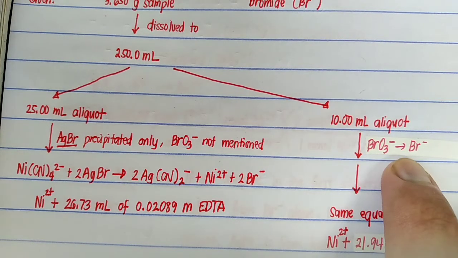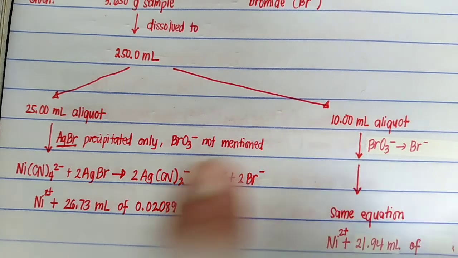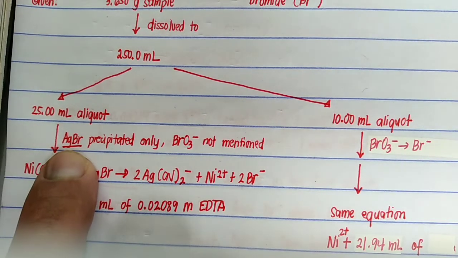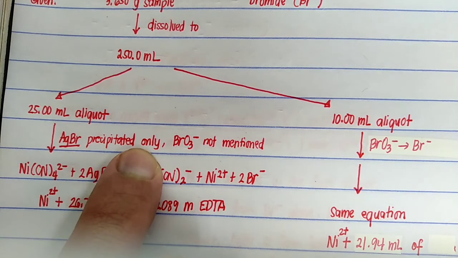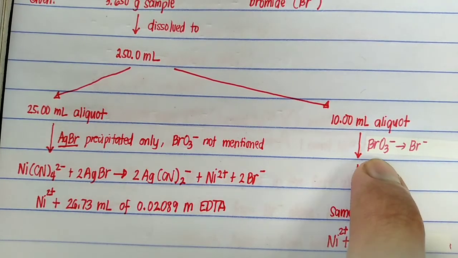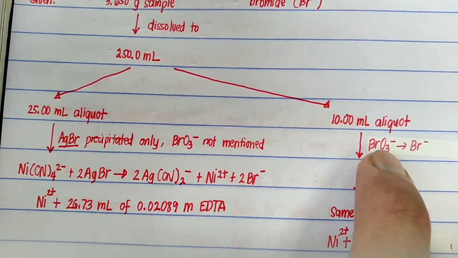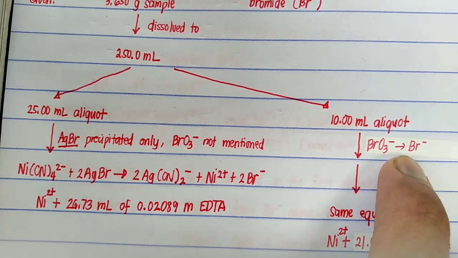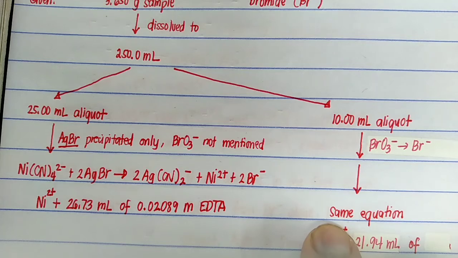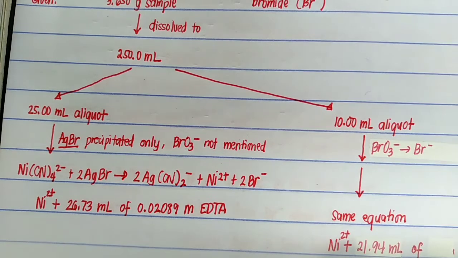What this means is that unlike in here, where only the bromide is computed, our bromate will now come into our computation, since the bromate is turned into bromide, and together, the bromide being formed and the bromide originally present will be subjected to the same reaction.